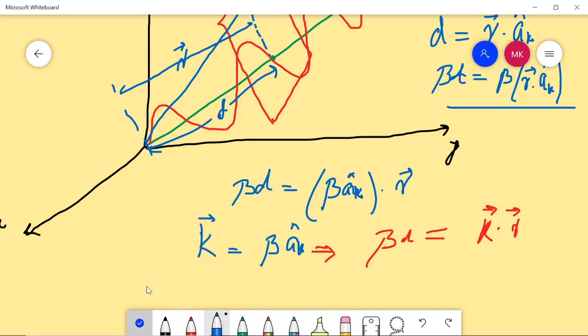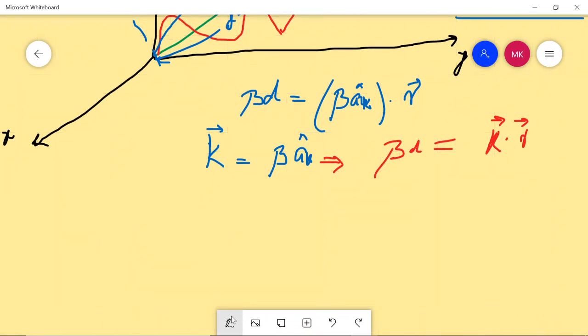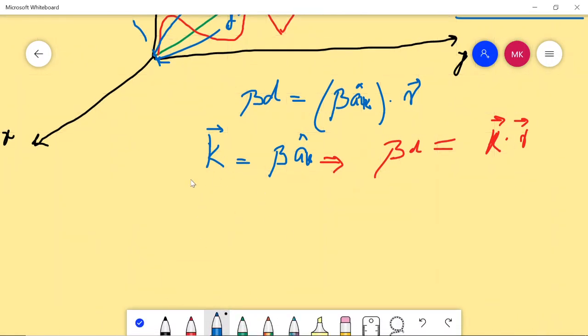Now beta can also be obtained if you know the k vector: you just take the magnitude of the k vector. So if the wave number vector k is given, you take its magnitude and you will get beta, that is the phase constant.